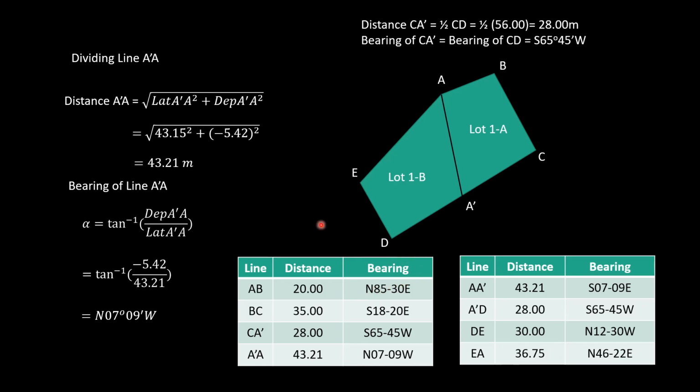So this completes our computations regarding the subdivided lot, or the lot subdivided into two by a line beginning at A and terminating at the point A prime. In practice, and this is what you will normally see in a subdivision plan, the corner points are numbered consecutively.